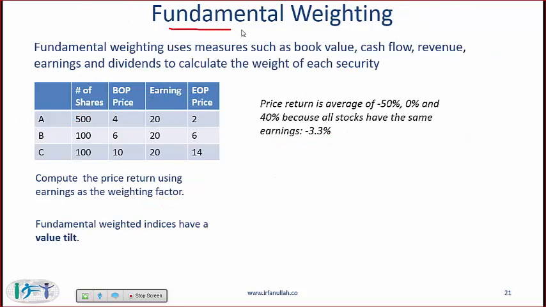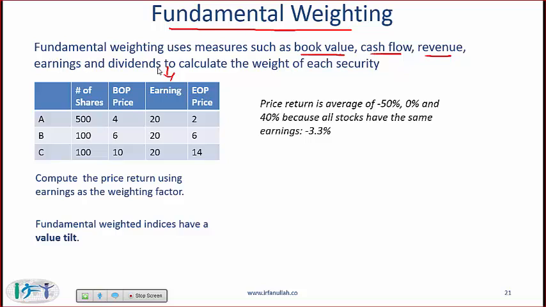And finally, we talk about fundamental weighting. Fundamental weighting uses measures such as book value, cash flow, revenue, earnings, and dividend to calculate the weight of each security. I've listed a whole string of fundamental factors. Typically, you will just take one. So you might say that for A, B, C, we weight based on earnings.